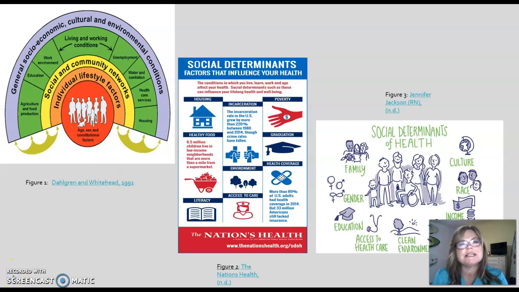Okay, before I go to the next slide, I want you to get a scratch piece of paper and make a little brainstorm web of what barriers you can think of to equitable access to healthcare. Think about these social determinants and what we've learned about the definition so far, and just make a little web really quick.